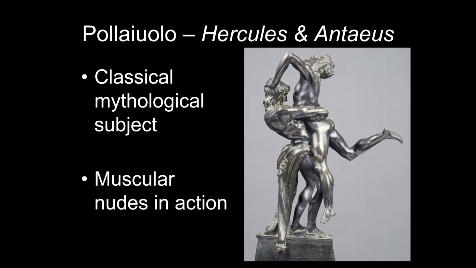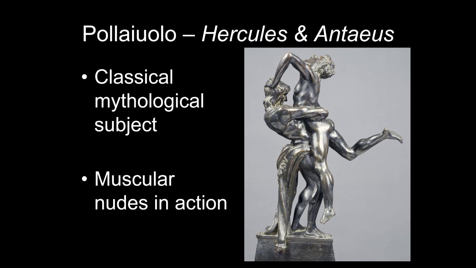And it's made out of bronze. As you can see, Hercules has the lion skin sort of draped around his body, serving as another support as he leans back and squeezes Antaeus, who is trying to get away.